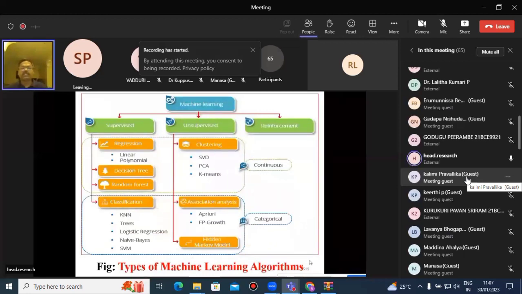Clustering comes under unsupervised learning: principal component analysis, k-means. Association analytics: a priori algorithm, frequent pattern growth algorithm, hidden Markov model. Then reinforcement learning has two types, continuous and discrete.